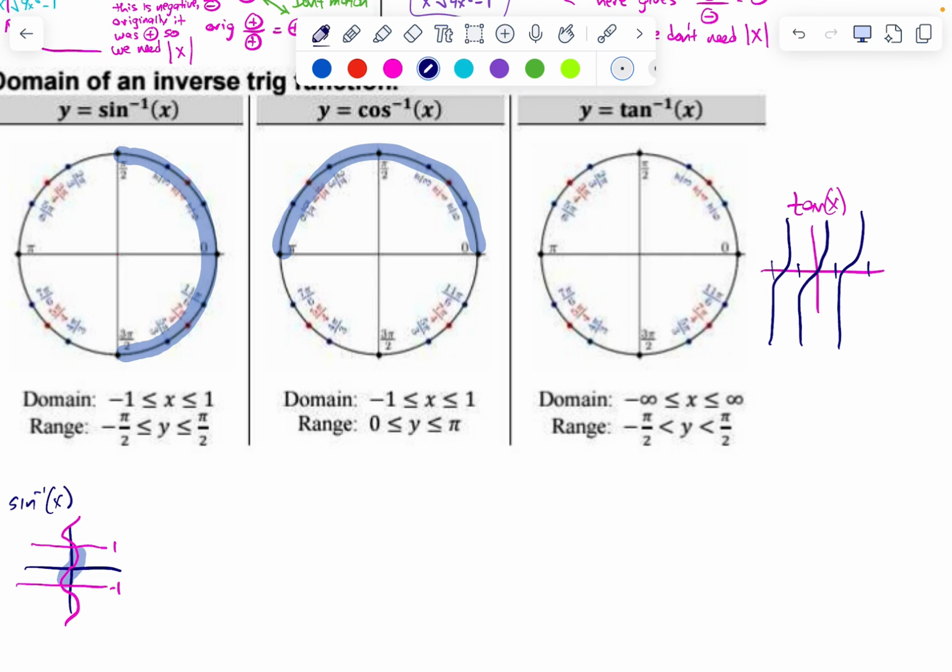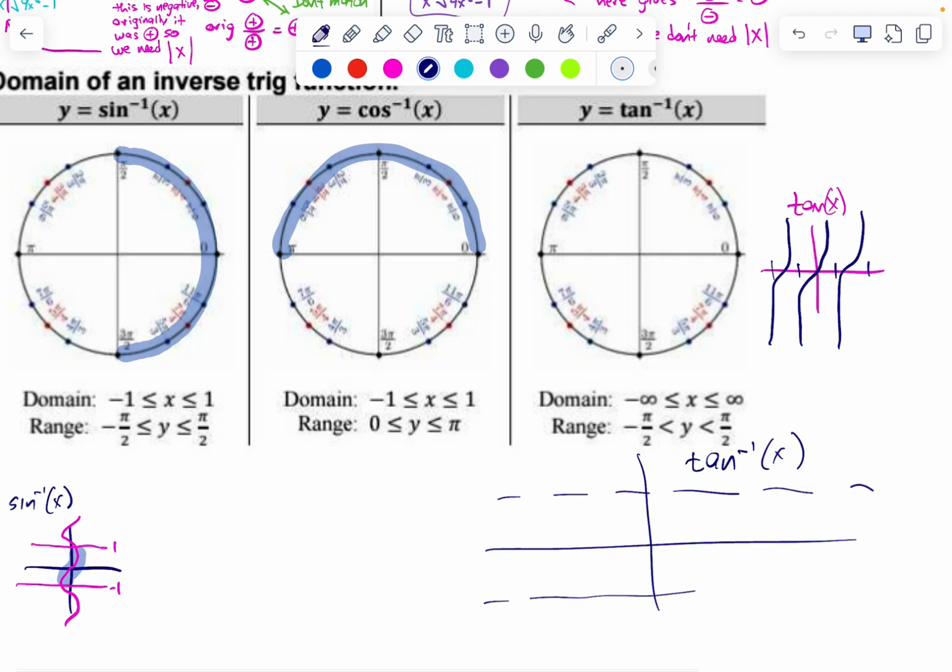So pi over 2 and negative pi over 2 and any multiple of that. The inverse tangent graph just flips that on its side. Sorry, I flipped it the wrong way.